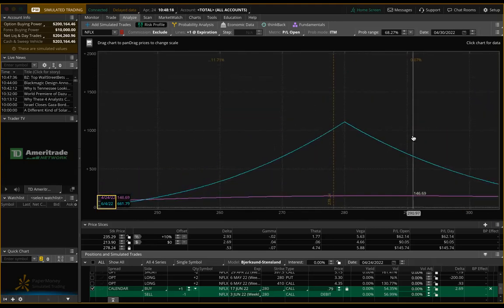Now, what if the stock goes up? If the stock goes up exactly to 280, that will be our peak, the maximum profit we can get. How much can we get? It's 1,100 if we wait till near the expiry date, because the maximum profit will be near the expiry date. This strategy makes more than 20 times the investment.